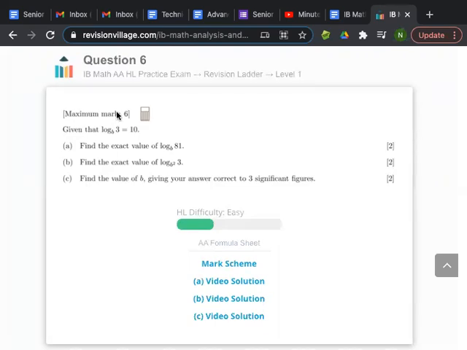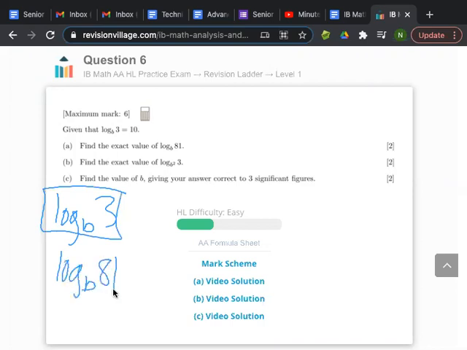Okay, so I have log base b of 3, I know what that is, right? How can I relate log b of 3 and log b of 81? How can I relate 3 and 81? 3 to the power of 4, right?